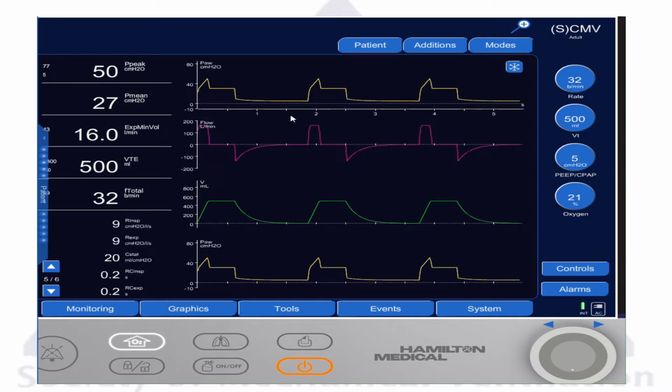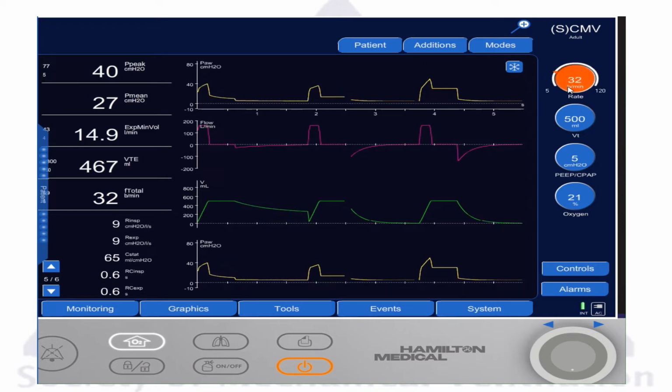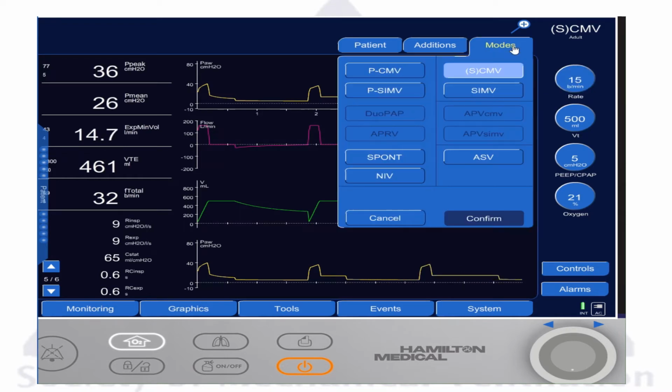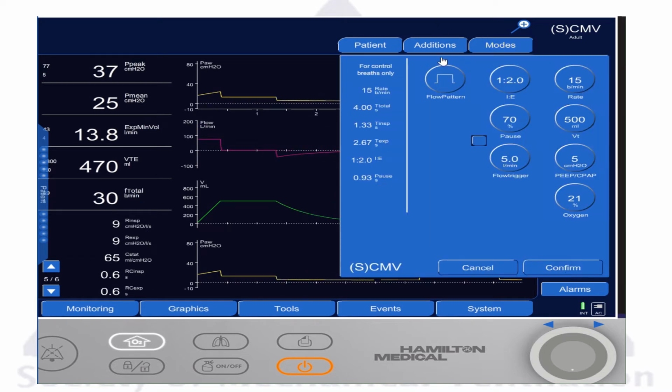Okay, now we're just gonna put that patient again to normal compliance and resistance, and the rate, and we'll go back to change the flow waveform, and we're gonna do the descending and try to appreciate.